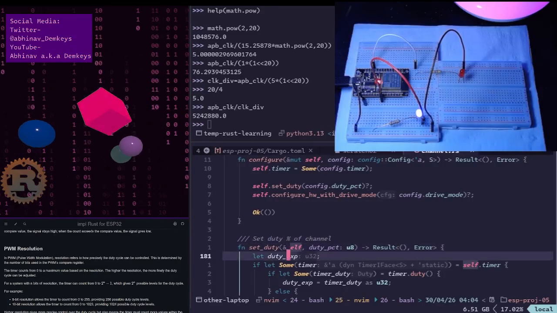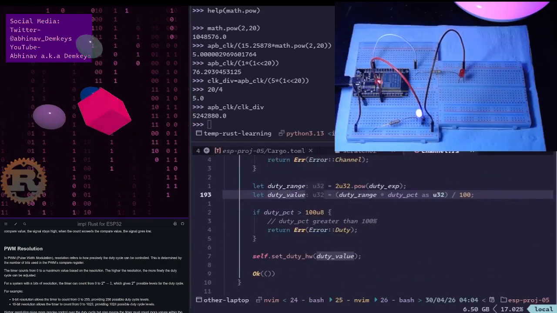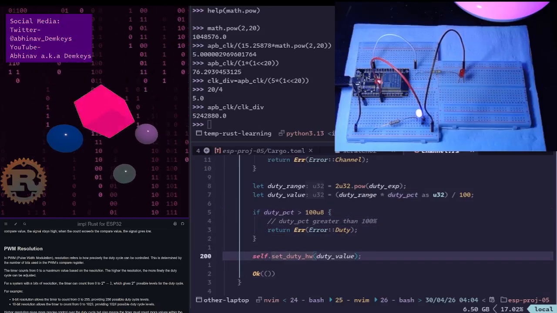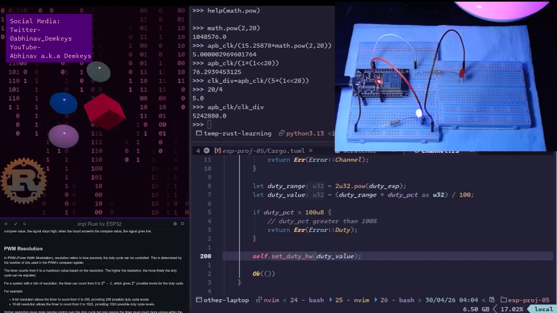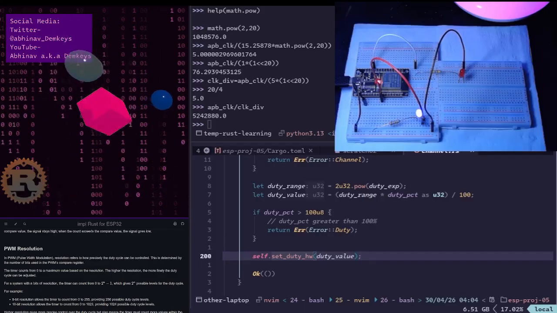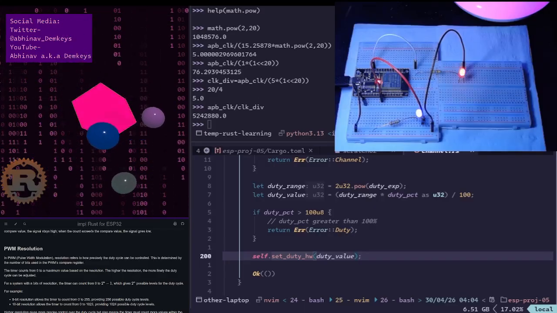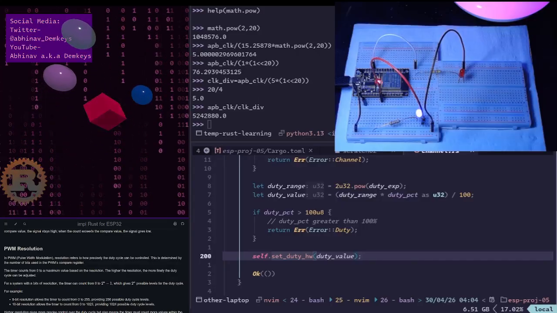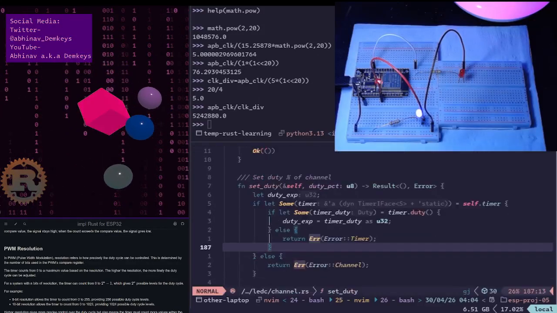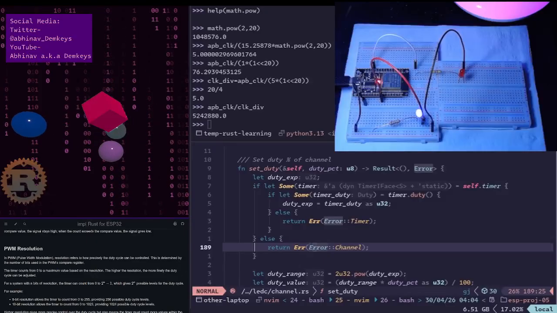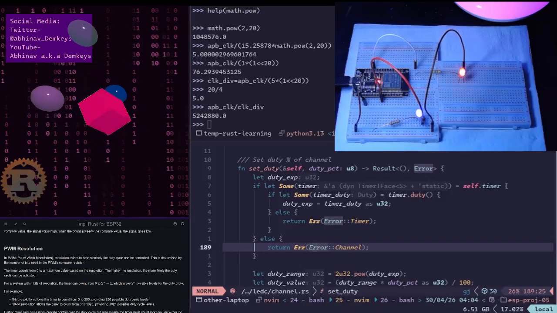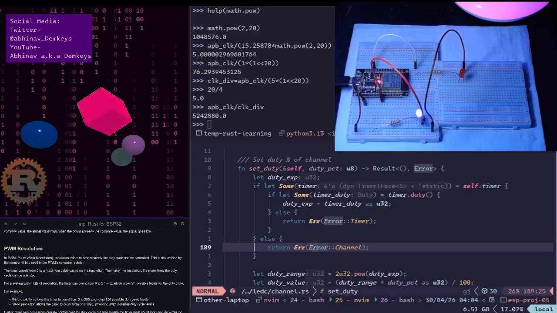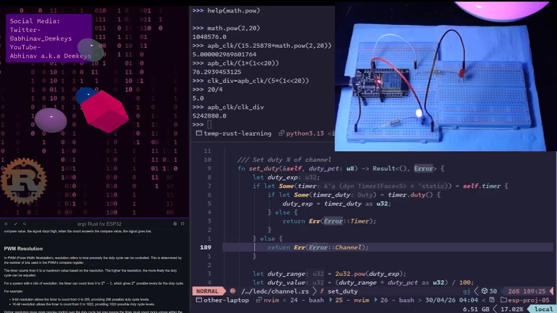Once its calculation is done, then it calls set duty hardware. So the set duty hardware is the actual value. That's not the percentage. When we are passing in a percentage, then set duty calculates the actual value for the duty, so the maximum number of ticks that the signal should stay on for.